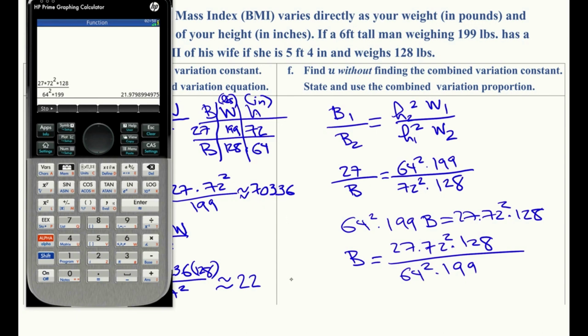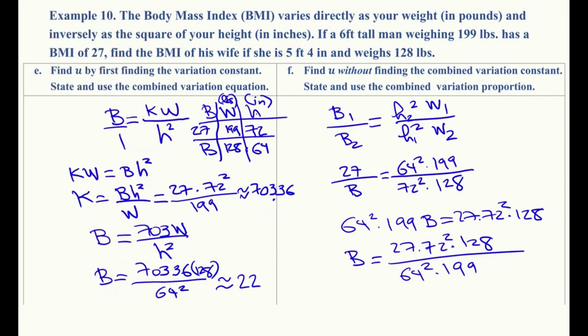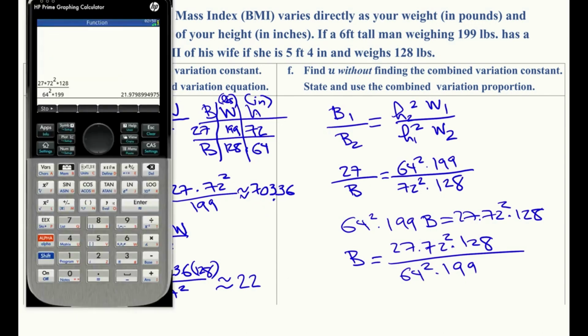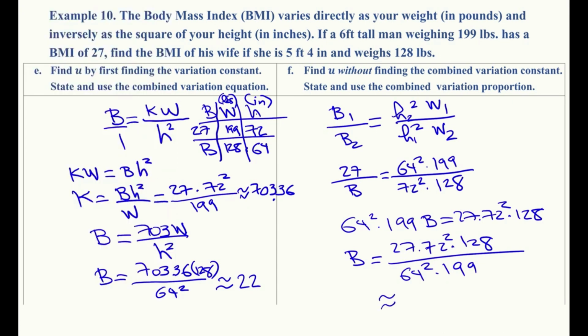That's 703.36, of course. So we did do a little bit of rounding there, but with this one we didn't do any rounding. So this would have been more accurate than this one. But both of them, if you're going to round to a nearest whole number, are basically going to be around 22. So the wife's BMI is 22.